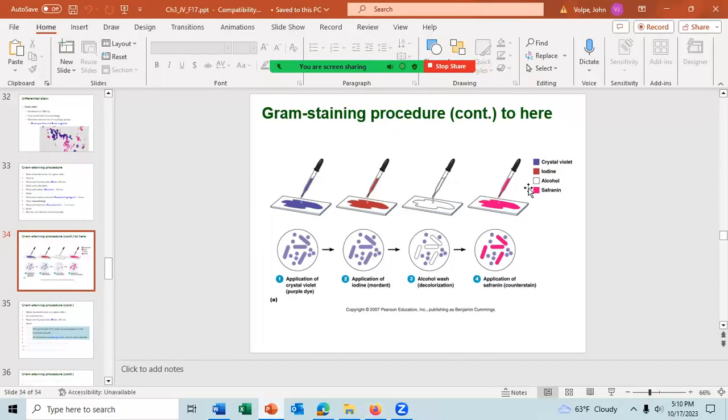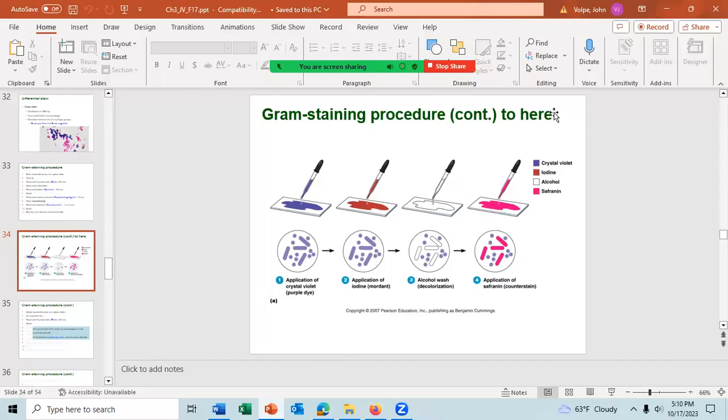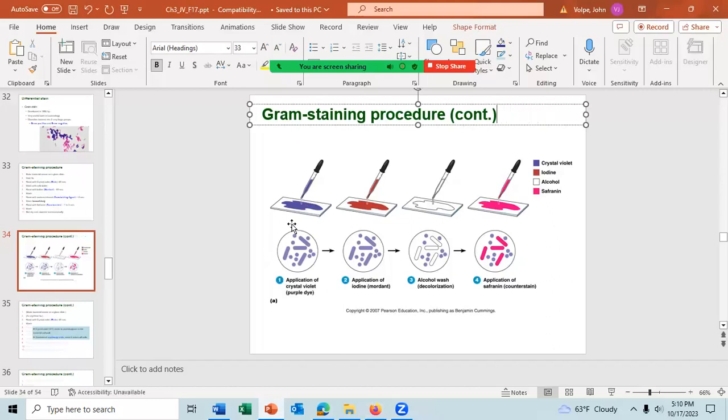So last time we talked about the gram staining, and I think I went over this slide where I mentioned that first we stain with crystal violet and all the cells stain bluish purple. Then we add iodine. Iodine is a mordant. It intensifies the stain, the crystal violet, and iodine actually complexes with crystal violet, making a larger complex, which is why it intensifies the stain, and then it is harder to leave the gram-positive cells.